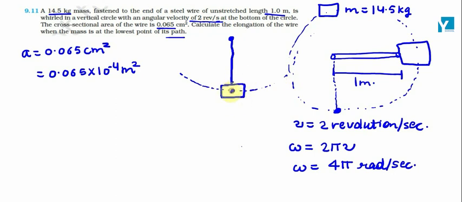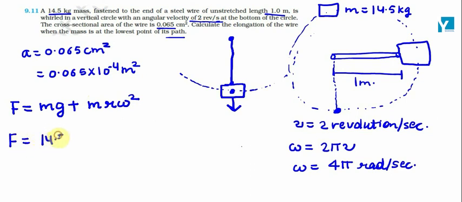So at this point the force at the bottom point is the weight mg of the block plus a centripetal force, that is m r omega square.